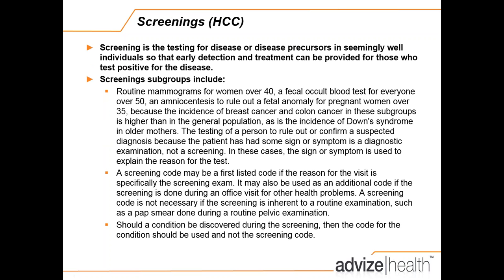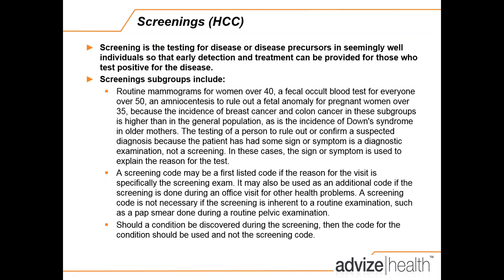Screenings. Screening is the testing for diseases or disease precursors in seemingly well individuals so that early detection and treatment can be provided for those who test positive for the disease. These are your well visits that consist of all your screenings, your routine mammograms, etc. Routine mammograms for women over 40, a fecal blood test for everyone over 50, and anything to rule out a fetal anomaly for pregnant women over the age of 35, because the incidence of breast cancer and colon cancer is higher with age in the general population, as is the incidence of Down syndrome in older mothers.